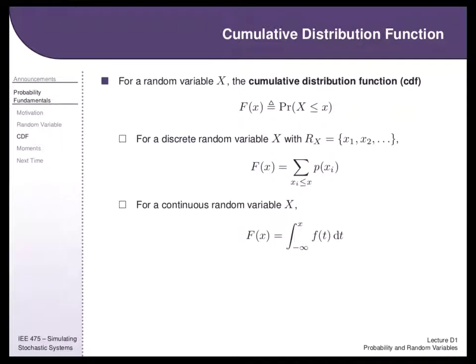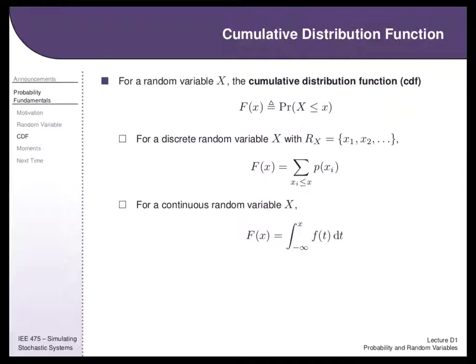All right, the other quick thing we need to define is the cumulative distribution function. This is defined the same way for both discrete and continuous. This will be really important. You're going to have to solve for these on homework D2. It turns out these are often more useful than the probability mass functions and probability density functions.